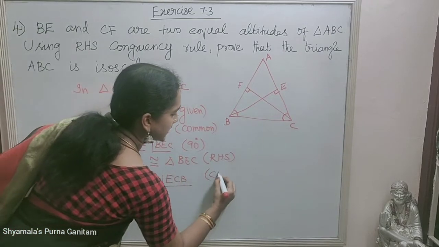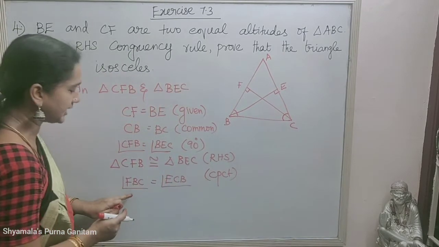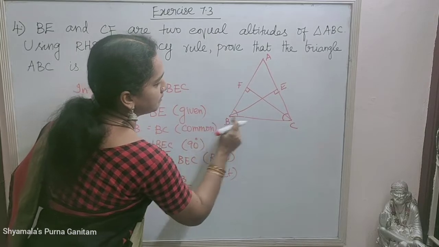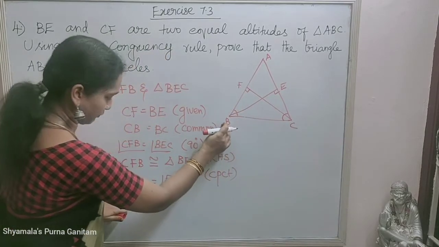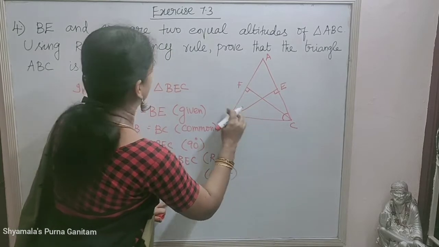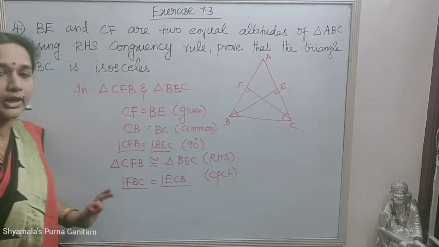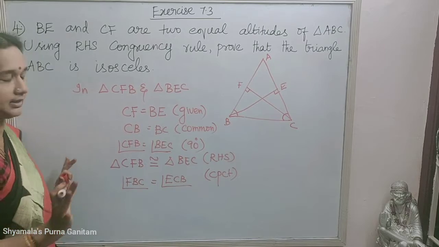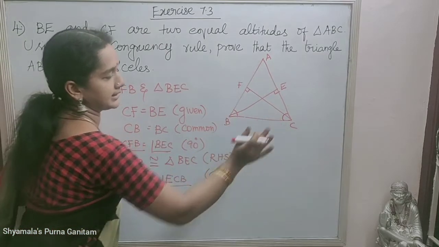This is by CPCT. So FBC of triangle CFB and ECB of triangle BEC are equal. That is, angle B and angle C are equal.